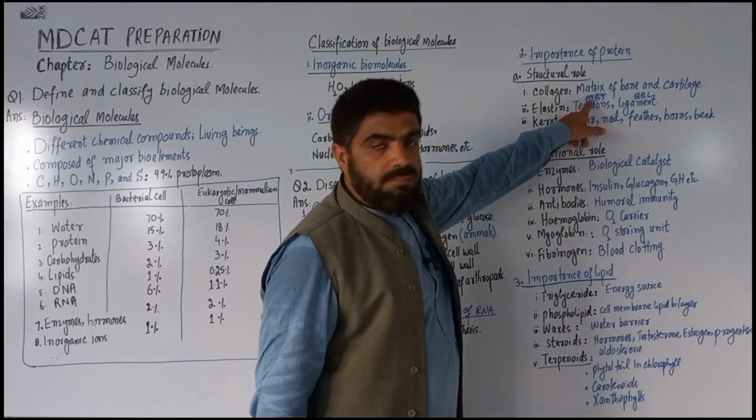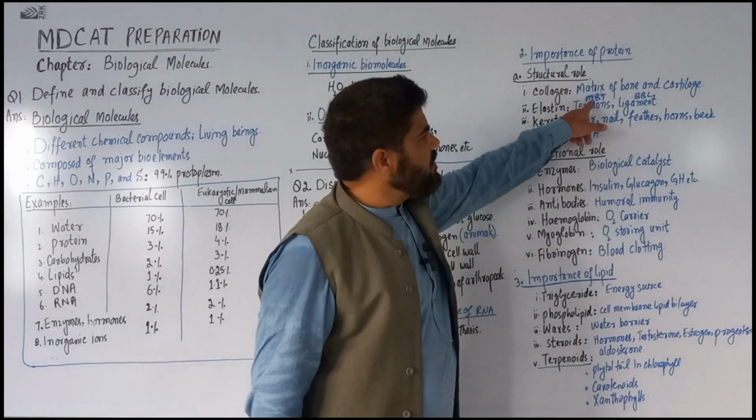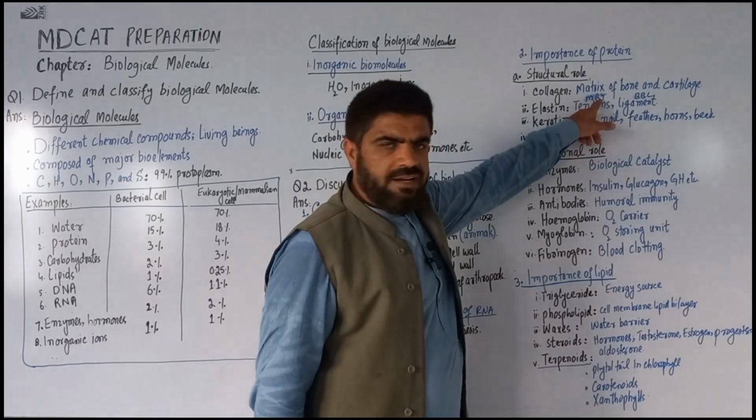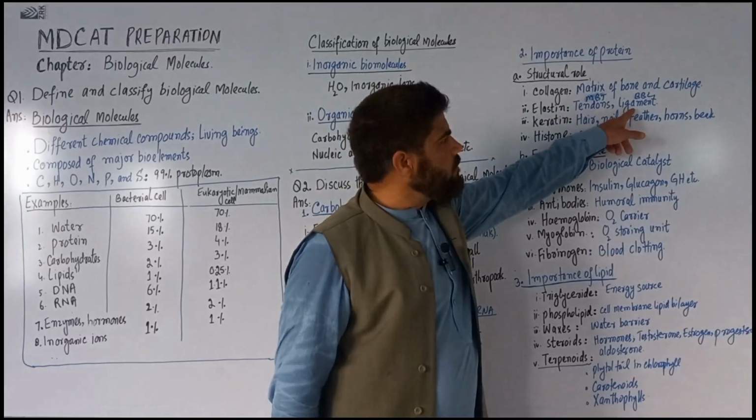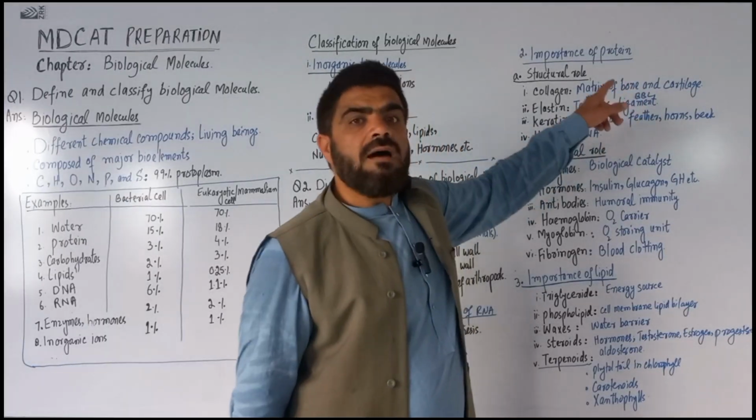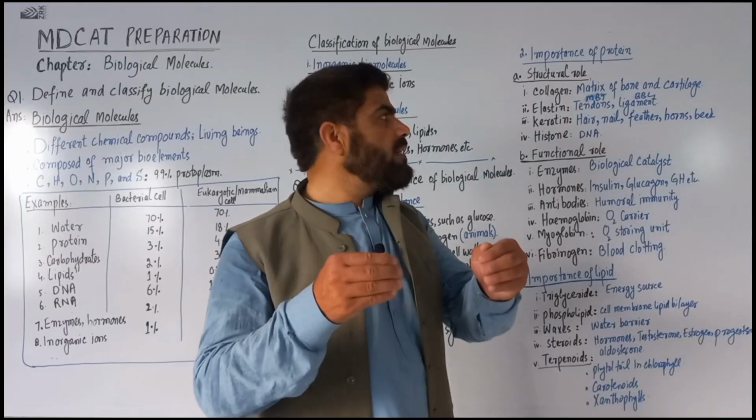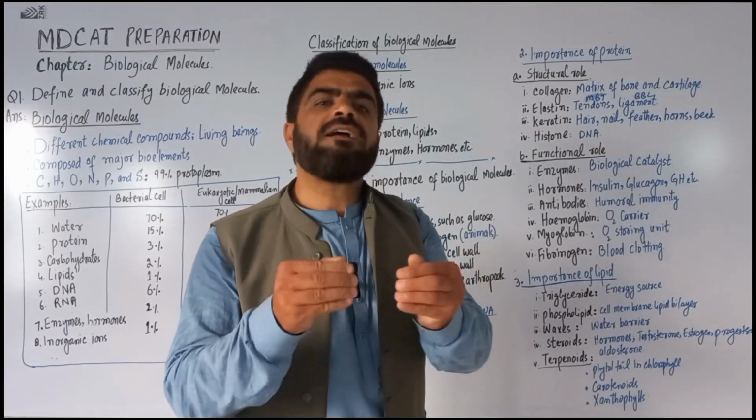Shortcut formula: TMB, in tendons muscle and bone are connected. And for ligaments, BBL: in ligaments bone is connected to bone.